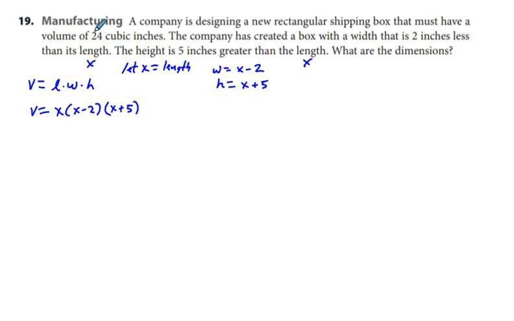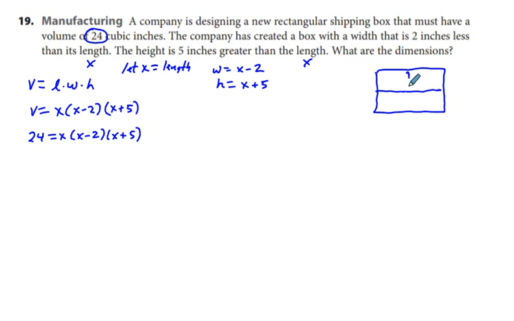Now we say that our volume is 24 cubic inches. We're going to solve for x. So we have 24 is equal to x times quantity x minus 2 times quantity x plus 5. Now we can multiply these two linear binomials together. I'm going to come over here and do a little box. We've done some of this in our classes. So we're going to take a 2 by 2 box.